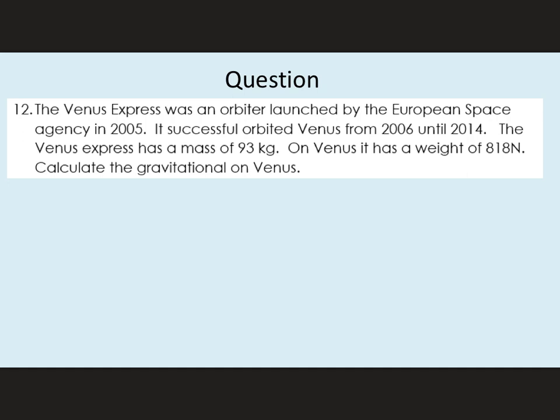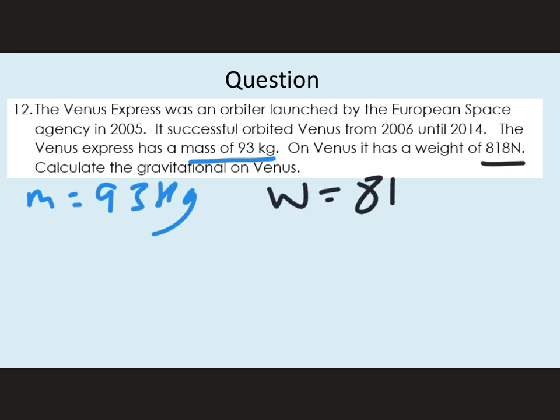And if it has a mass, remember our mass M, of 93 kilograms. I'm just going to write that down so I know that one. And if on Venus it has a weight of 818 newtons, we want to be able to calculate the gravitational field strength on Venus. So we're no longer on Earth, so we're not going to use 9.8. We're going to use a different value of gravitational field strength, which we need to calculate.